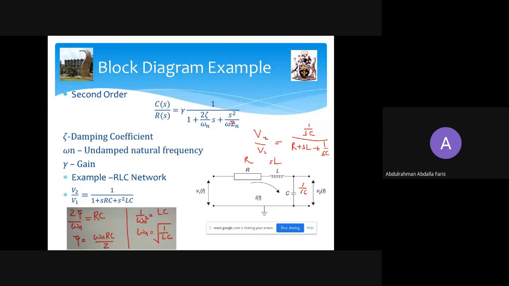So once you have the natural frequency and you plug it here, you can actually get the zeta damping coefficient. So these are the standard forms. There is another standard form which we discuss later, in terms of poles and zeros, but these ones we can also use.